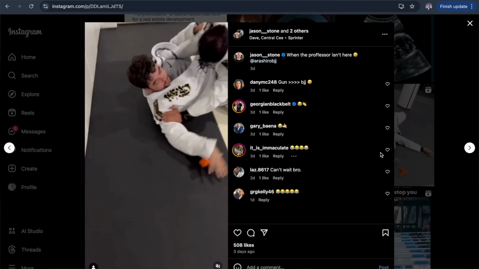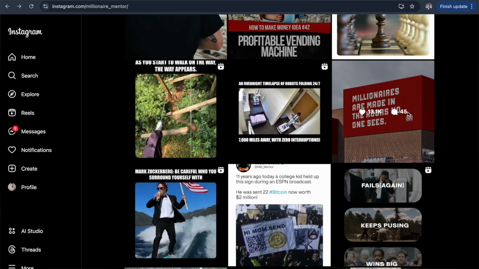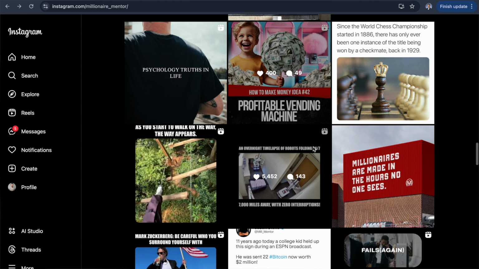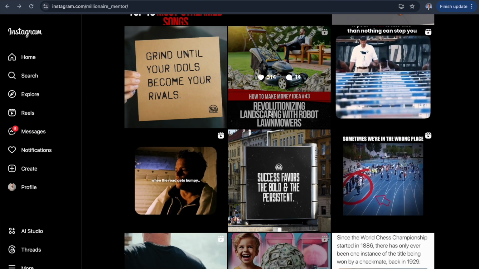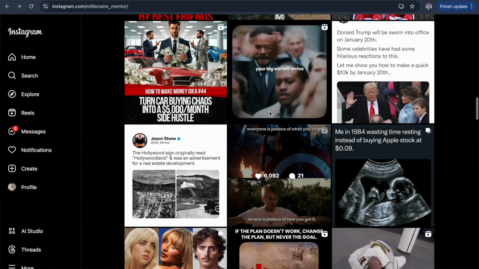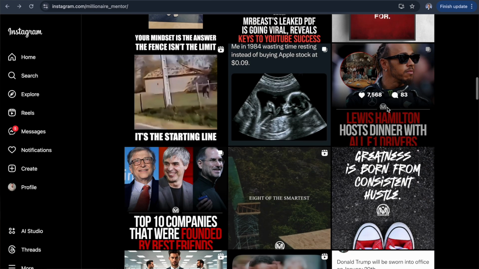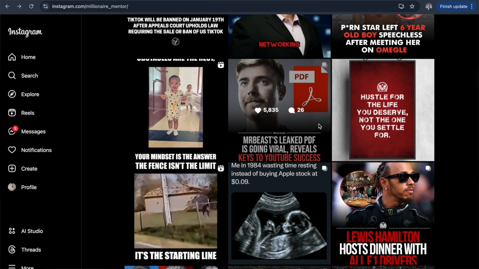Again, I'm trying to notice anything different. I'm also starting to notice that when they post about making money, like this vending machine, this lawnmower thing, they don't get as many likes. That's a cool thing to note down.